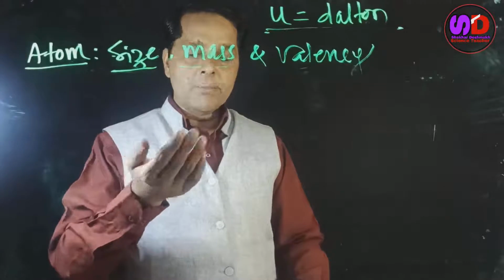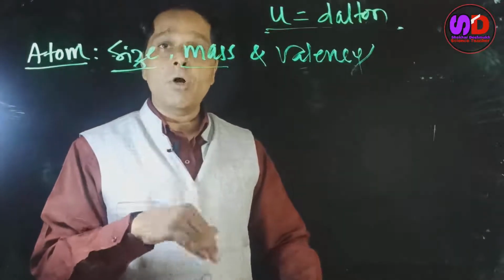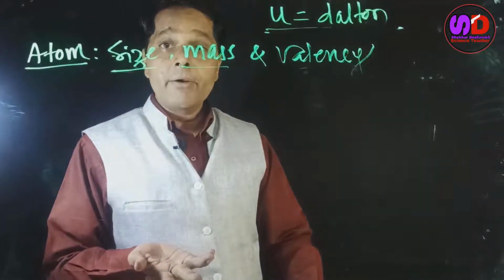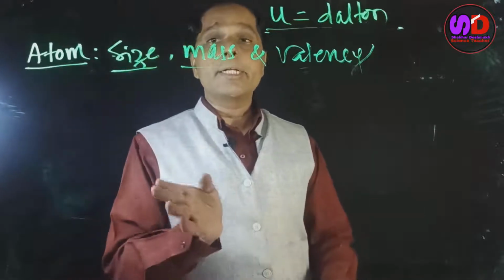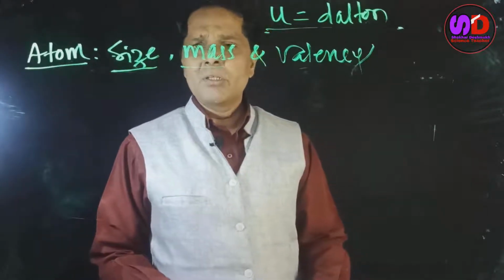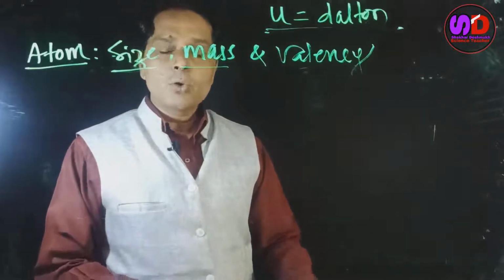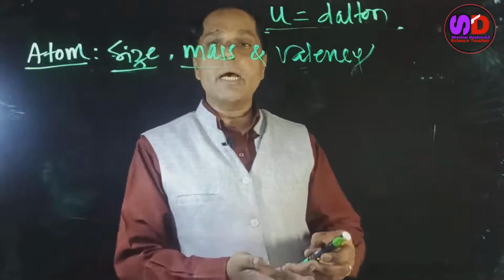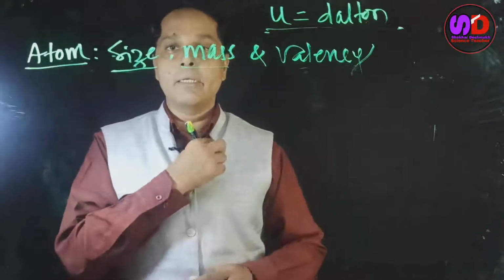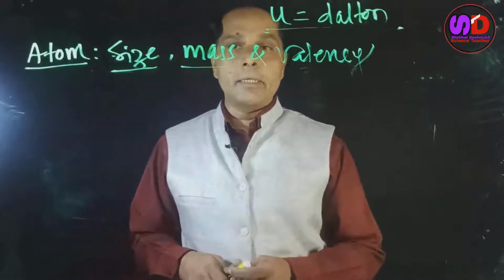Suppose in Hindi or Marathi we call it tambe, whereas in English it is nothing but copper. So different languages have different words. So how is an element represented?